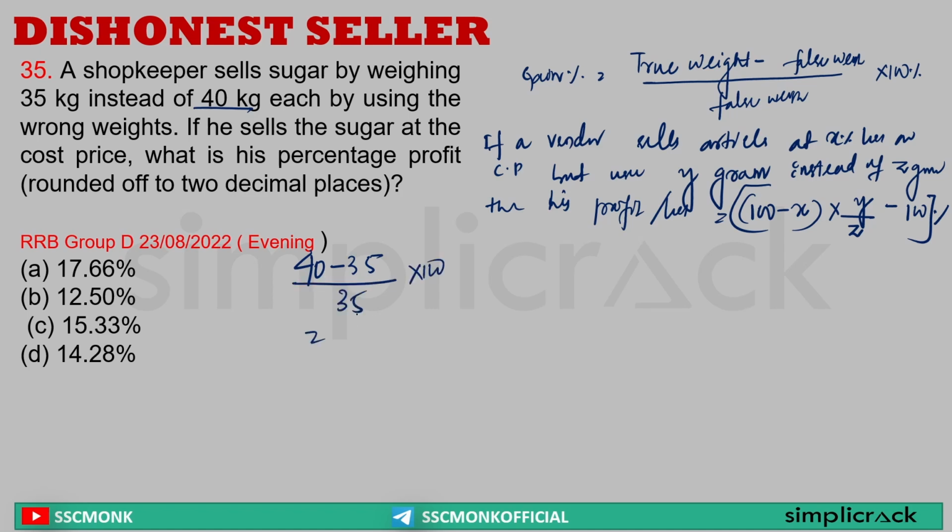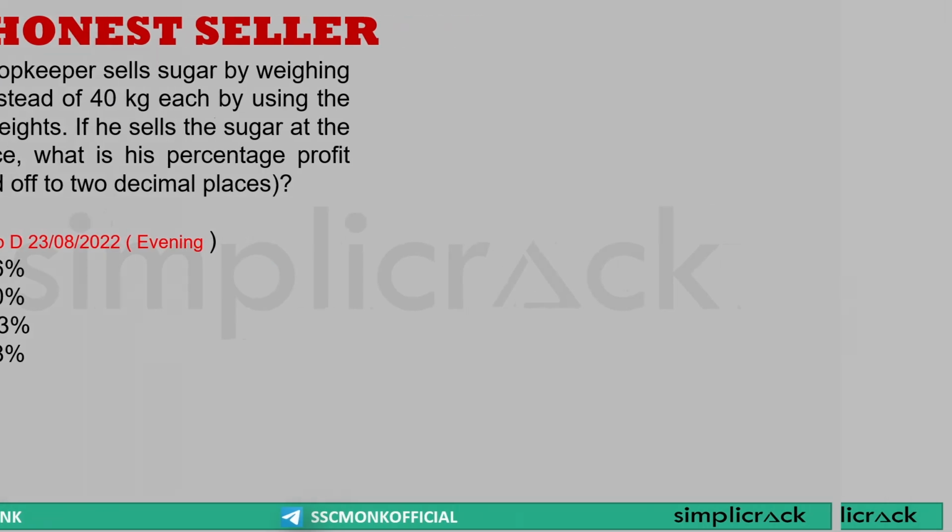So this can be written as 5 by 35 into 100, or 5 by 7, 1 by 7 is equal to 14.28%. So what is the profit percentage? 14.28%. My bad, this will be Z by Y. Okay. Next.